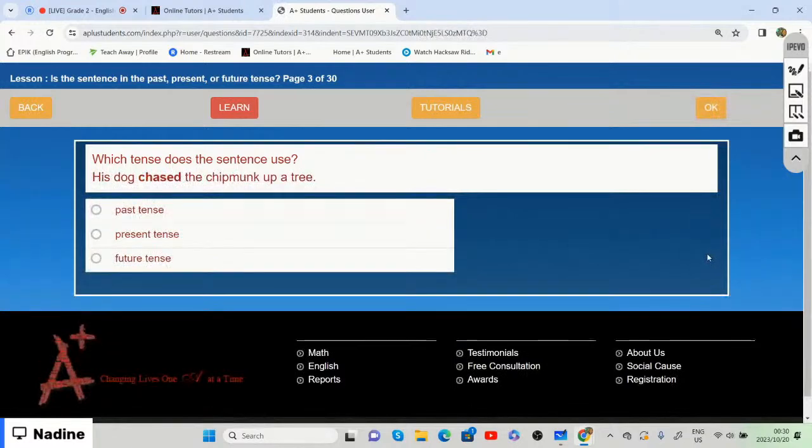His dog chased the chipmunk up the tree. Chased ends in ed. Chased. Is that the past tense, the present tense, or the future tense?